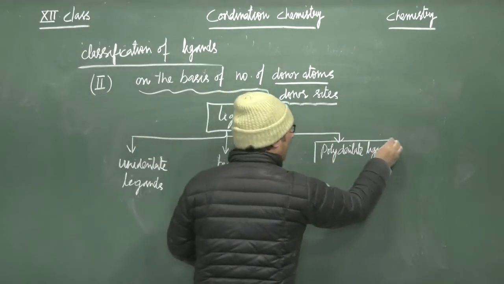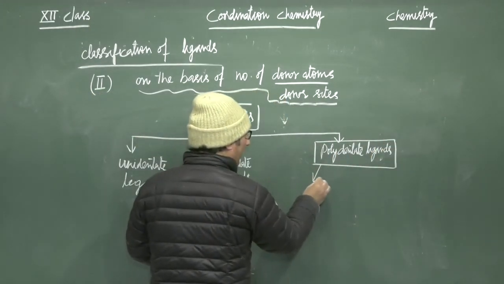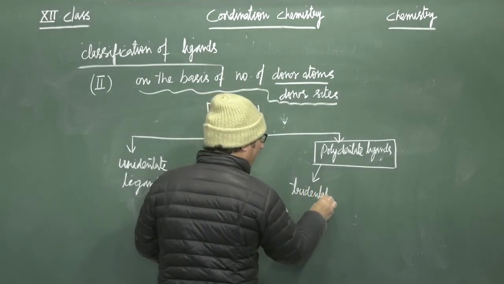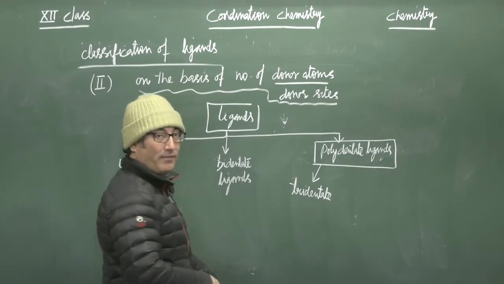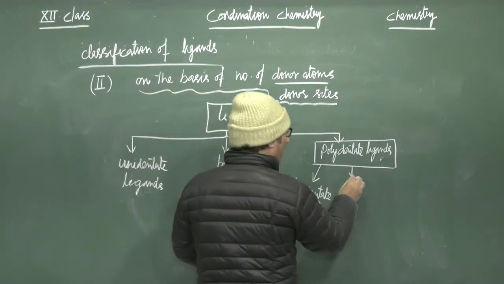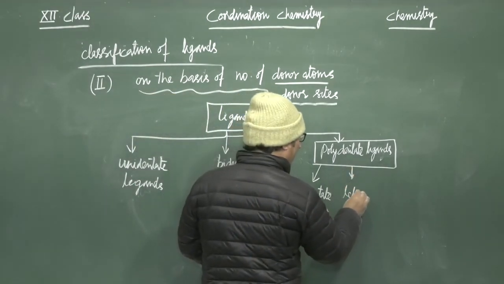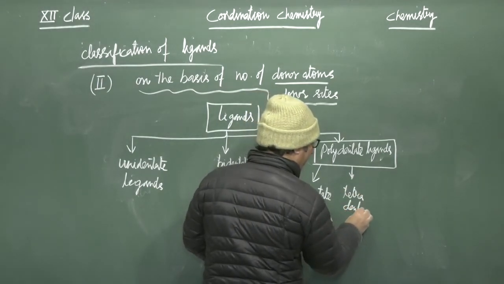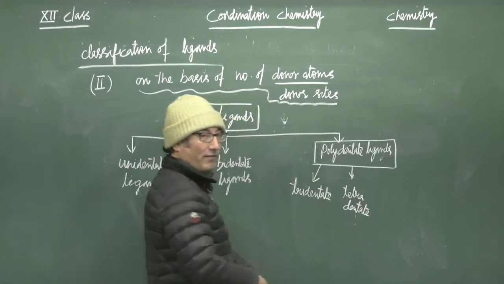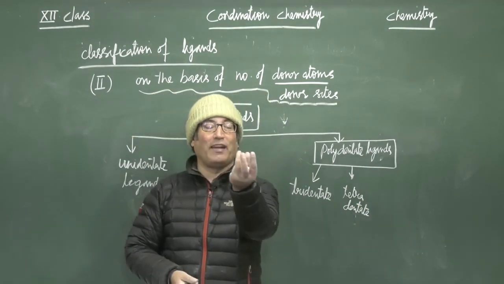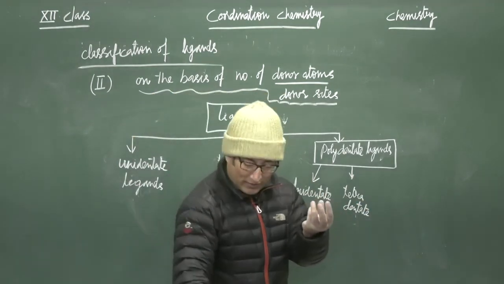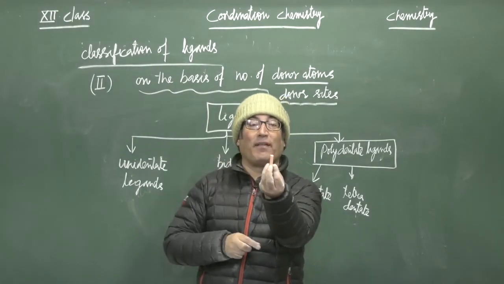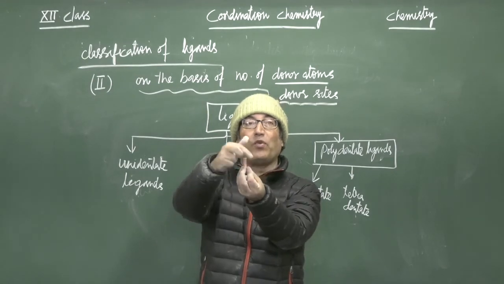This polydentate will include tridentate ligands, three donor sites, and tetradentate, four donor sites. So the ligand has four donor sites, and using those four donor sites, it can grip this central metal ion between the four teeth.